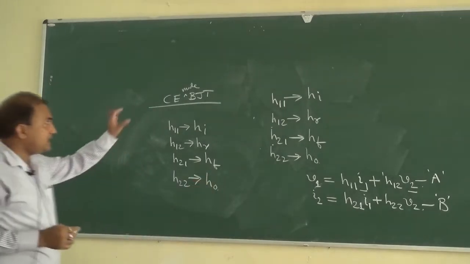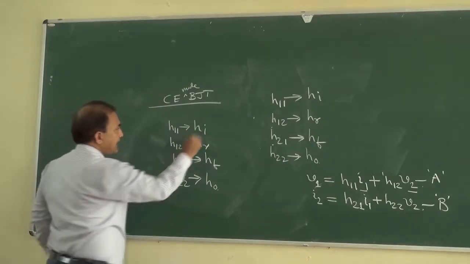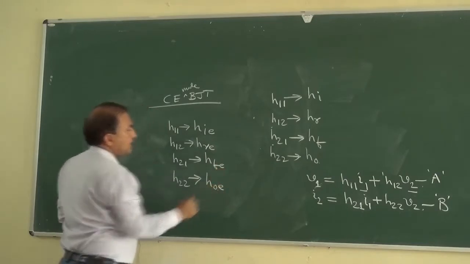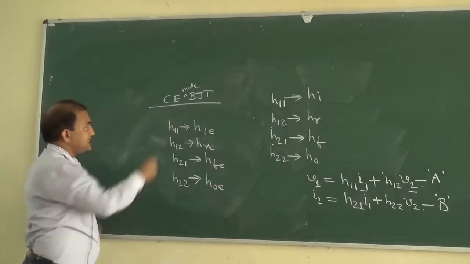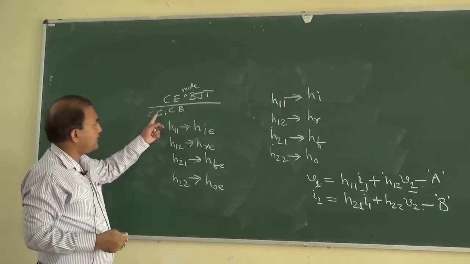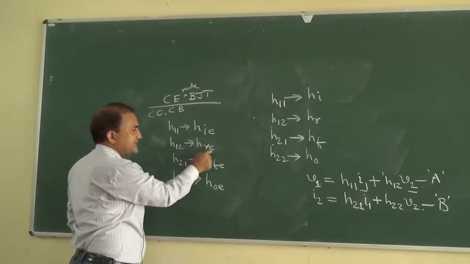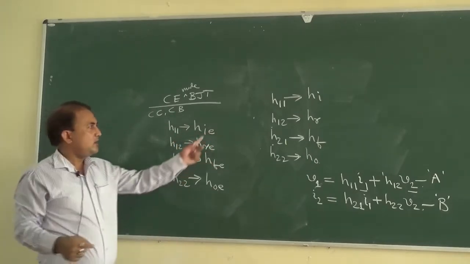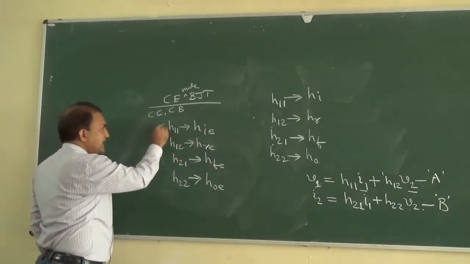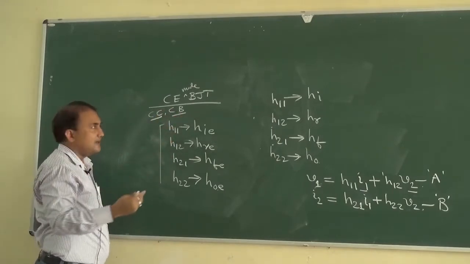Okay. Now, when the transistor is in common emitter mode, then we have to write suffix E. And when the transistor is in, say, common collector or common base mode, then for common collector we have to put suffix C. For common base we have to put suffix B, like this. So in this way, H parameters for common collector and common base can also be determined.